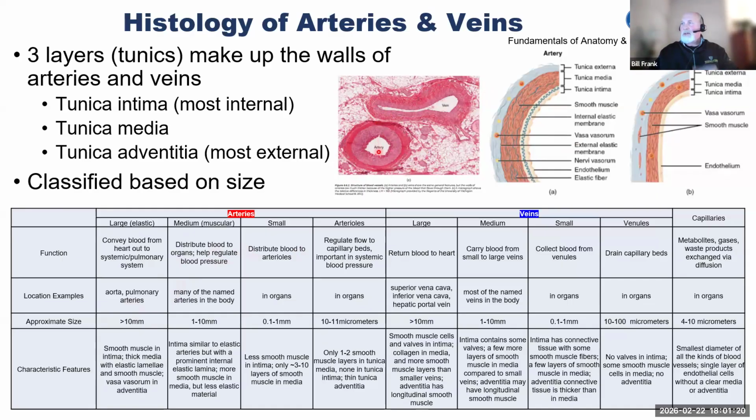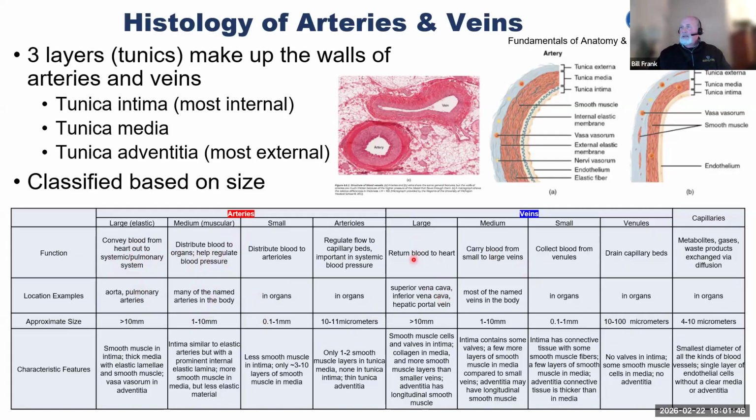When you see the characteristics here, no matter what size, the arteries usually will be more rounded, where the veins will be more flattened. I would give you in charge to look at this chart and study it and look at the difference between the large elastic arteries, which would be like the aorta, versus the medium, which are basically many of the named arteries of the body.